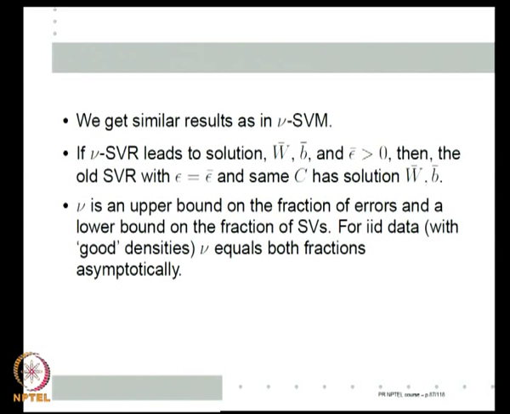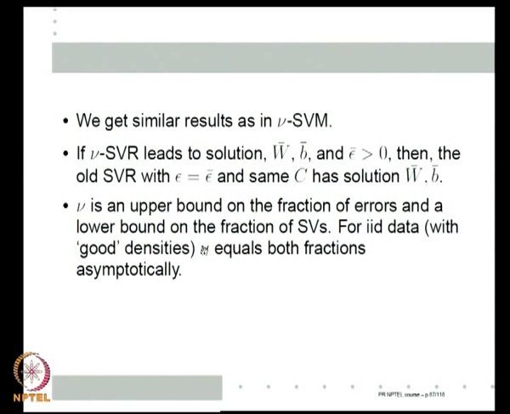And once again you can show that nu is an upper bound on the fraction of errors, meaning the number of points on which the prediction error is greater than epsilon, and a lower bound on the fraction of support vectors. And like earlier, if you have sufficiently good data sets, meaning a large number of IID examples and your class conditional density satisfies some proper conditions, then nu simultaneously equals both fractions asymptotically.